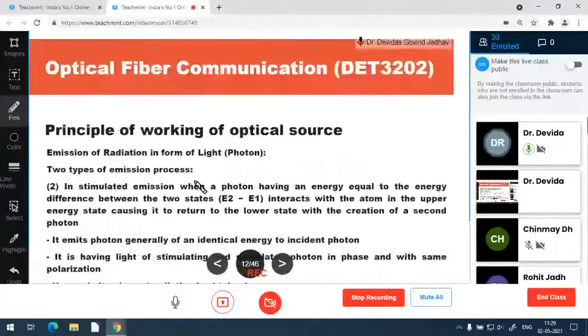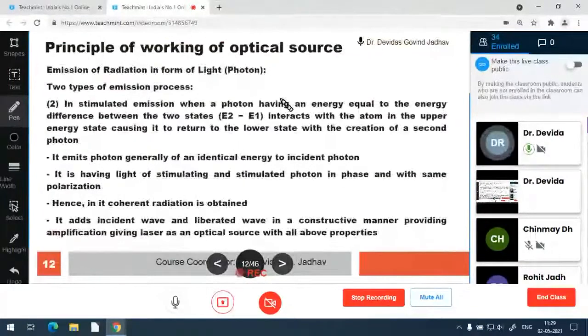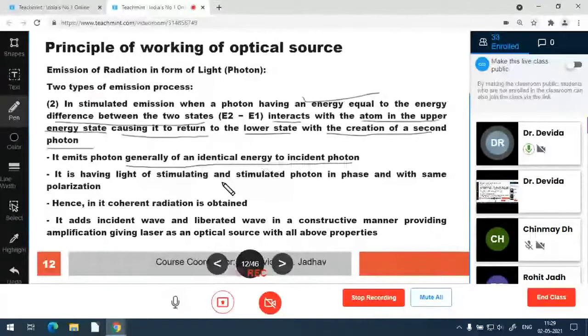In stimulated emission, already one photon has energy equal to the energy difference between the two states of the atom, that is E2 minus E1, the band gap energy. This photon interacts with the atom that is at the upper, conduction energy state, causing it to return to the lower, valence energy state, creating one more photon. It emits a photon of identical energy to the incident photon.